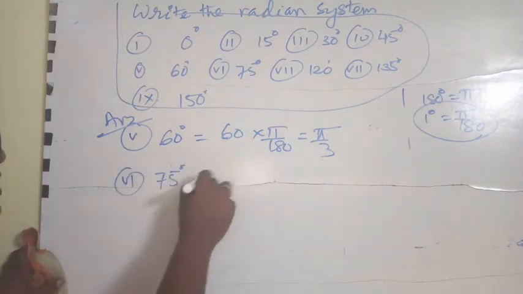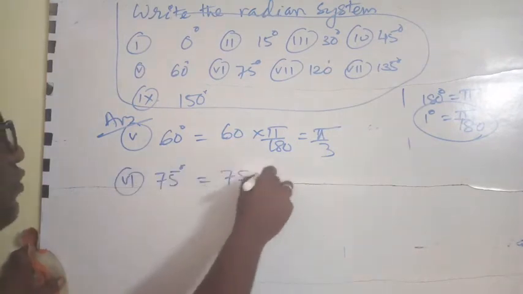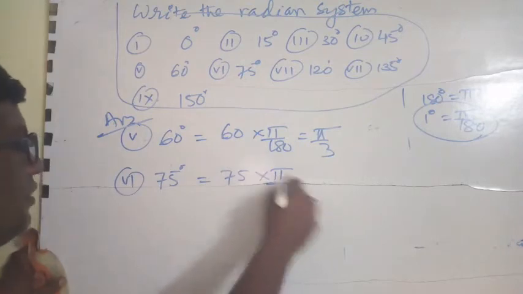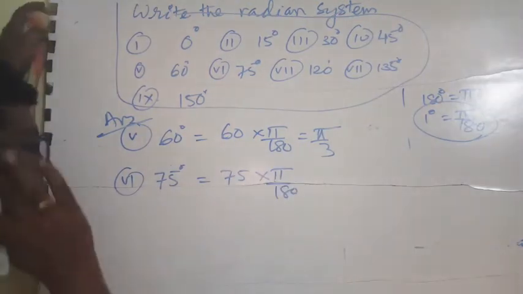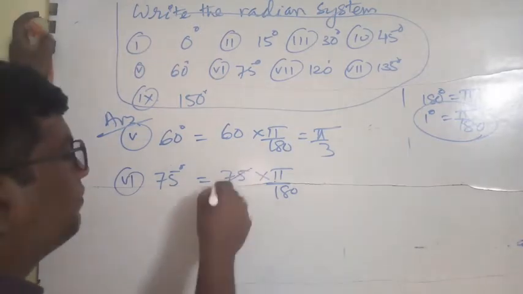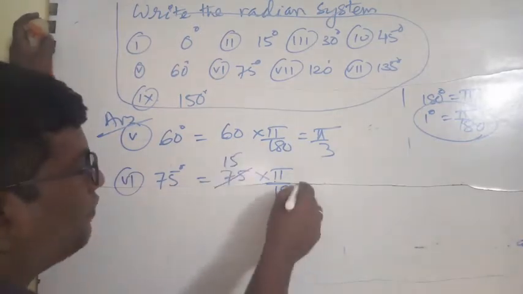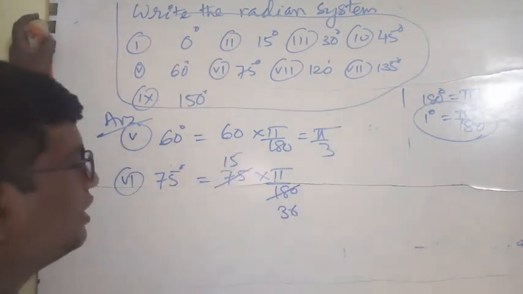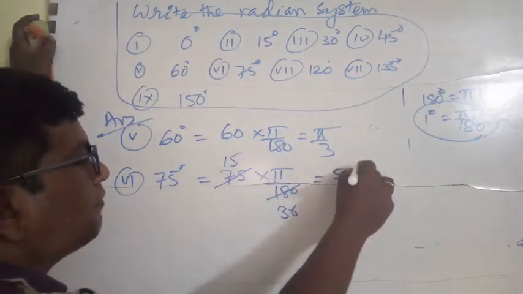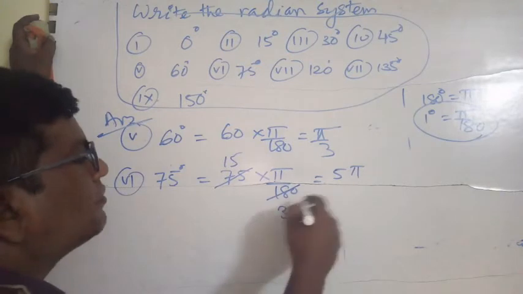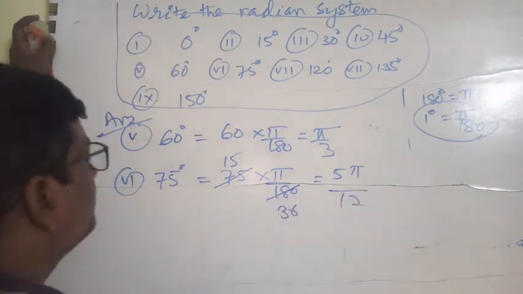75 degree is equal to 75 into pi by 180. Cancel, that is 5 15s and 5 36s, again by 3, 5 into 15, so 5 pi by 12.